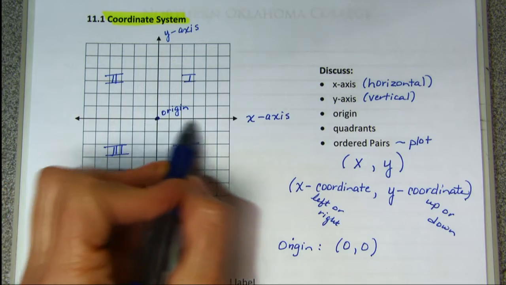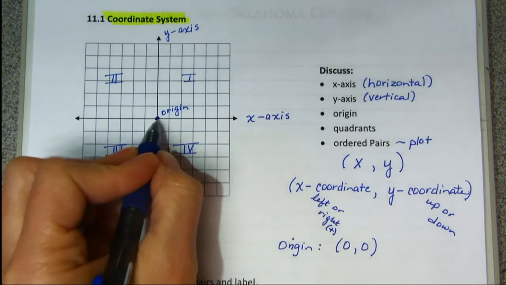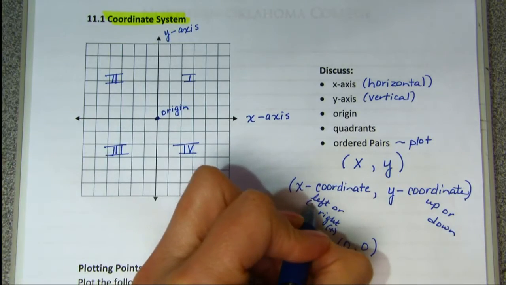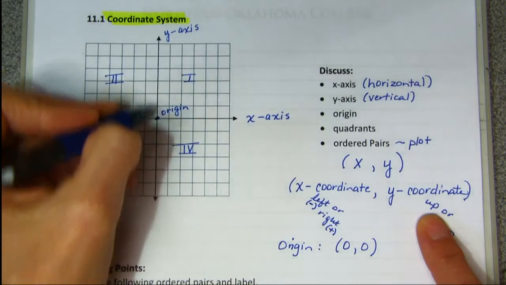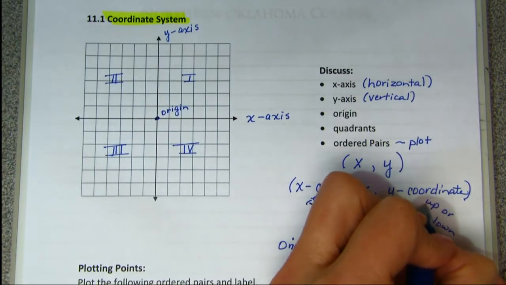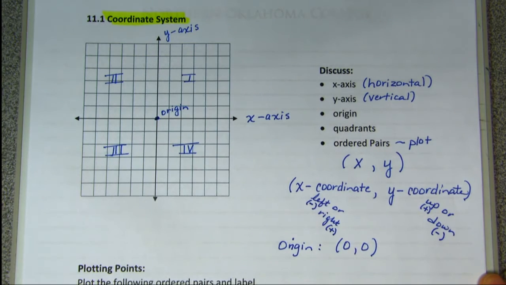If I move to the right, that means I had a positive number. If I move to the left, that means I had a negative number. And then the y-coordinate is up or down: up is a positive number, down is a negative number.